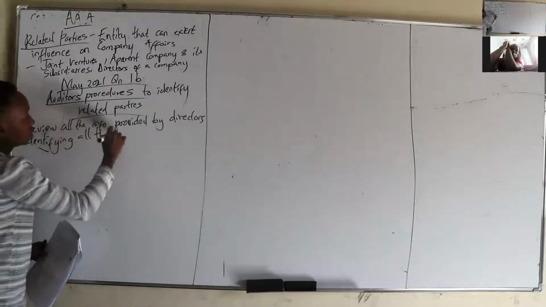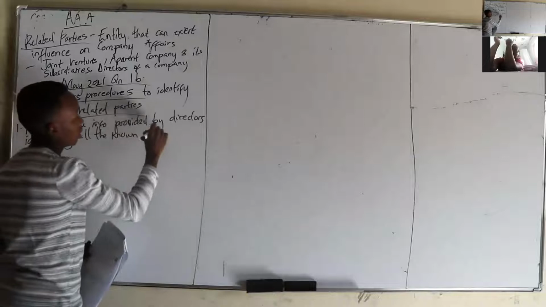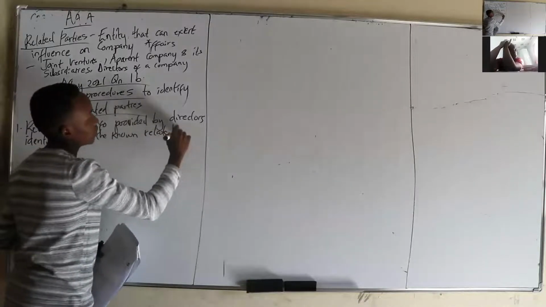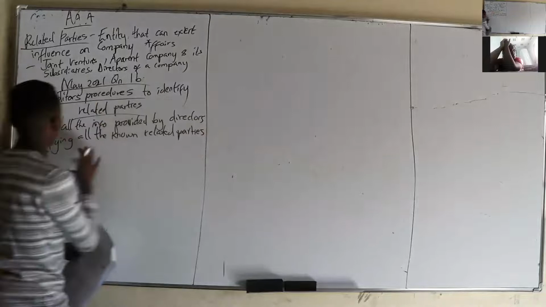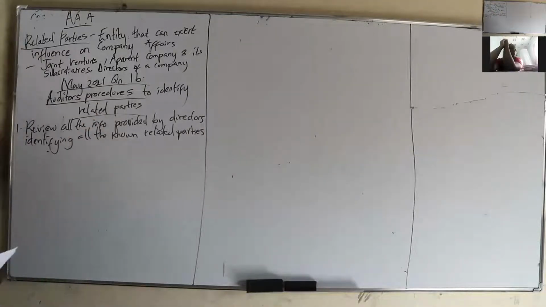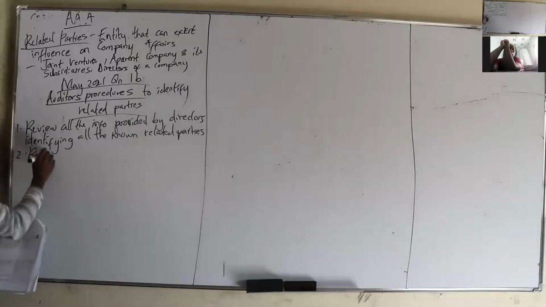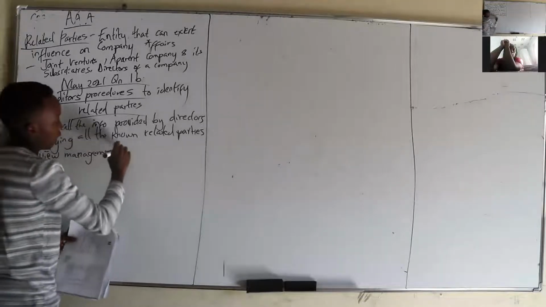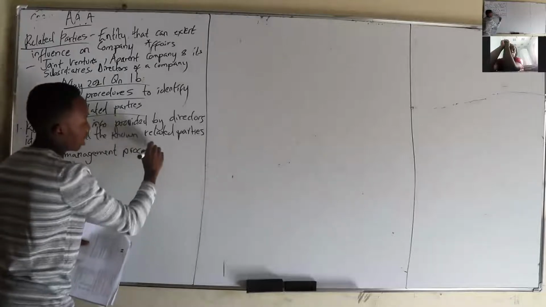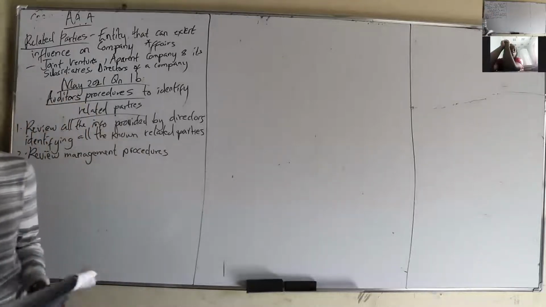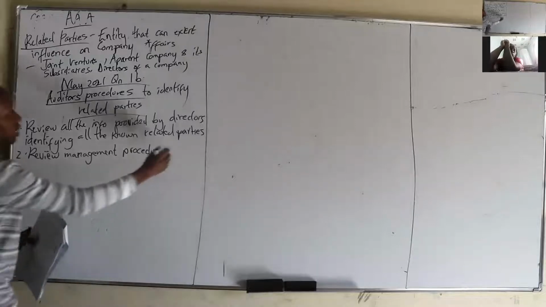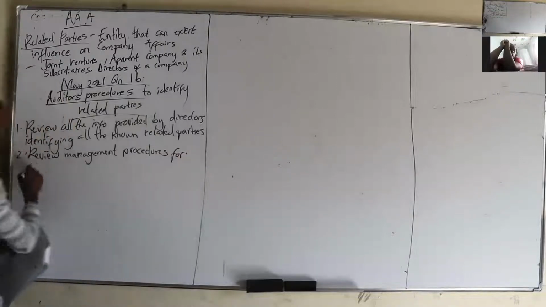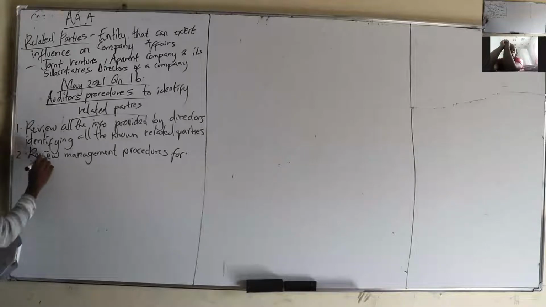And then, what the auditor also does, in line with knowing these related parties, is review the management's procedures that are used in identifying these related parties and related party transactions.